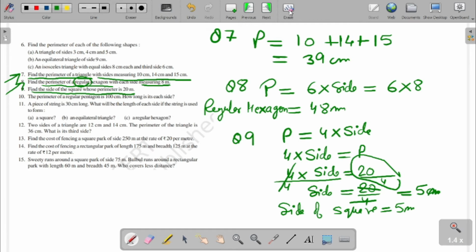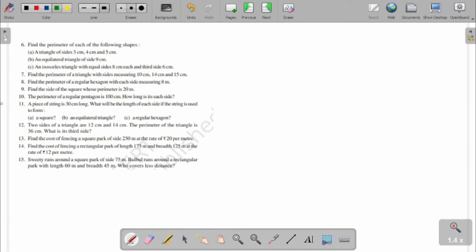Now we erase this part. Then we start with question number 10. In question number 10, perimeter of a regular pentagon is 100. So perimeter is equal to, pentagon means 5 sides, so 5 into side.